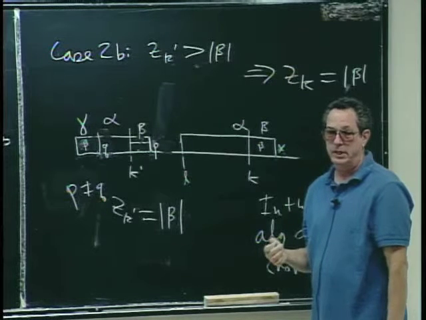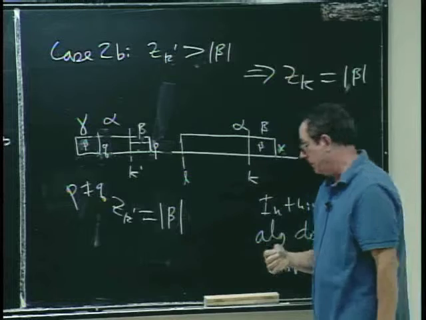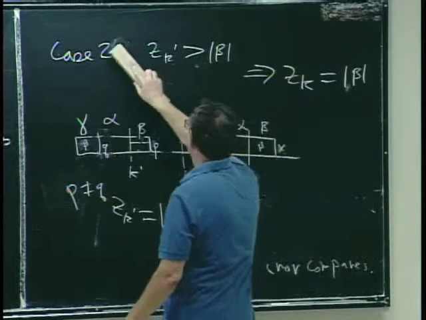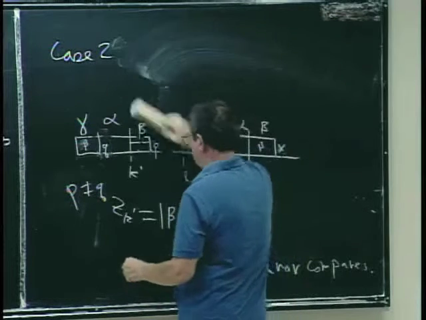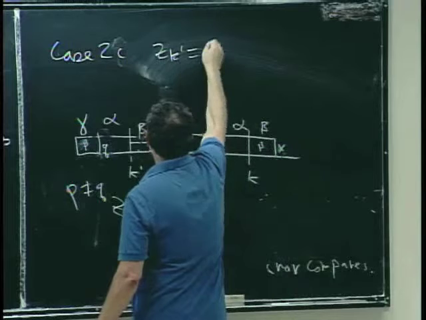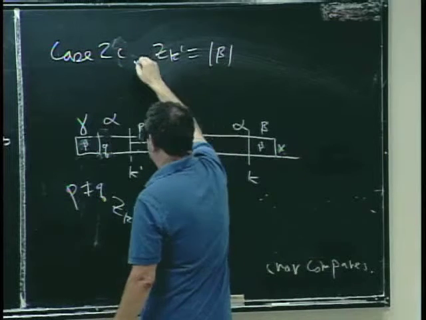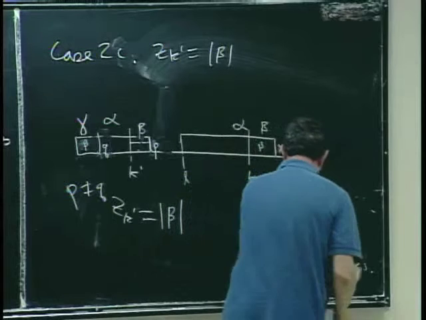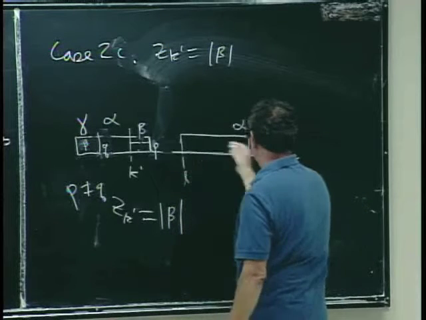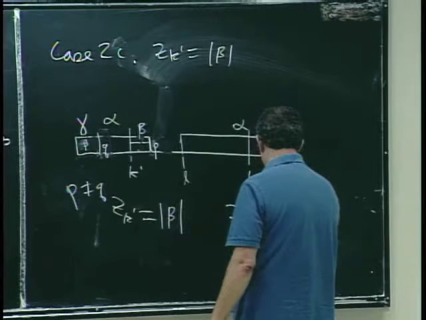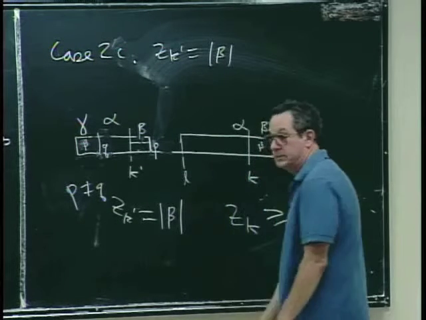The length of zk is at least the length of beta. It might be longer, but this is now case 2c, where zk prime is equal to the length of beta. So we know, just from looking at this picture, that the length of zk is greater than or equal to the length of beta.